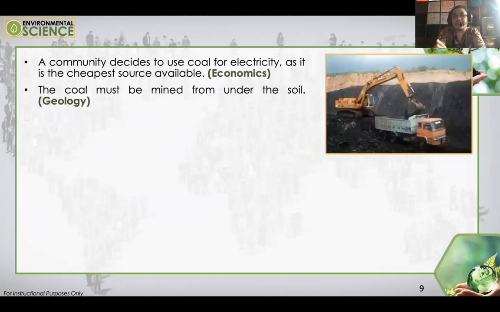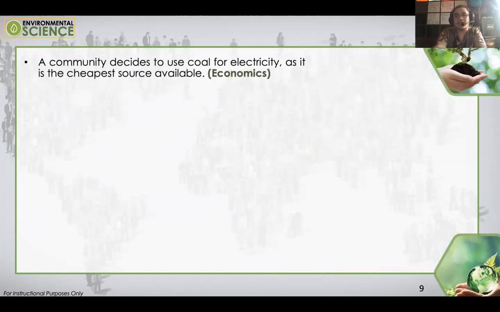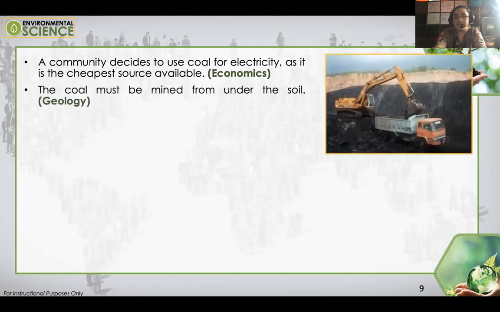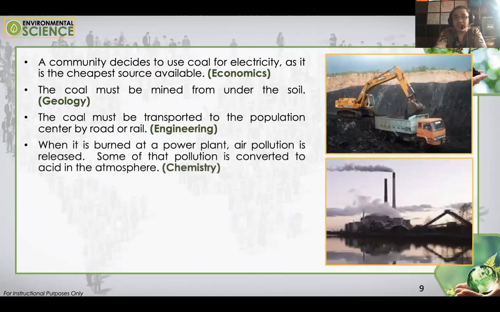So, titingnan natin ngayon yung interaction ng environmental science to other fields. A community decides to use coal for electricity as it is the cheapest source available. So that is economics. The coal must be mined under the soil. So ang pagmamine ay hindi lang basta-basta. There is also rules on doing that. And that falls on geology. The coal must be transported to the population center by road or rail, which involves engineering. When it burns at a power plant, air pollution is released.